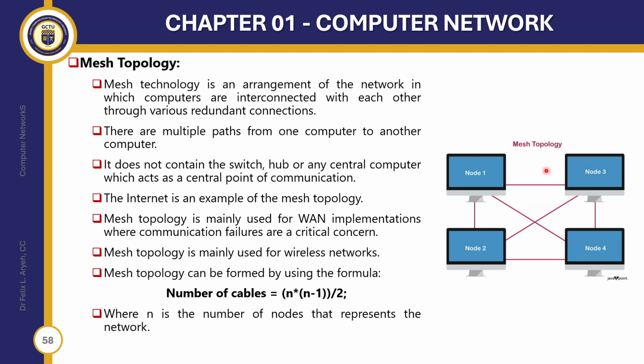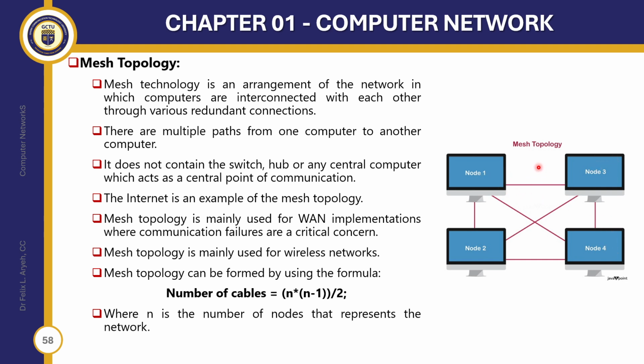So when one of the networks goes down, for instance, node 1 is connected to node 3. If the node 1 to node 3 connection gets broken, node 1 can still send to node 3 because it can send it to node 2, node 2 will send it to node 4, and node 4 will send it to node 3, or directly send it to node 4 and then to node 3.